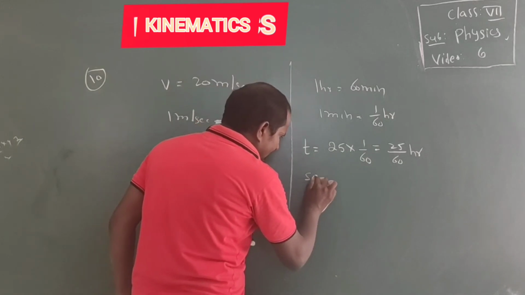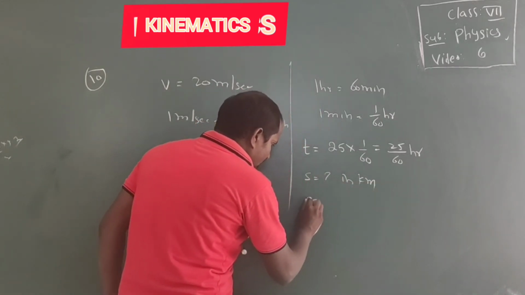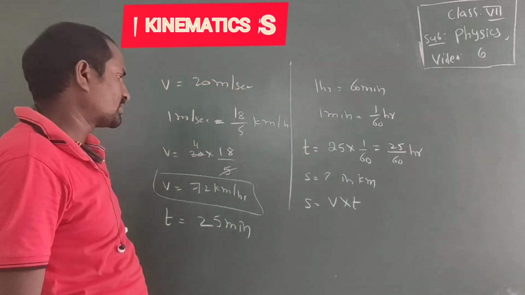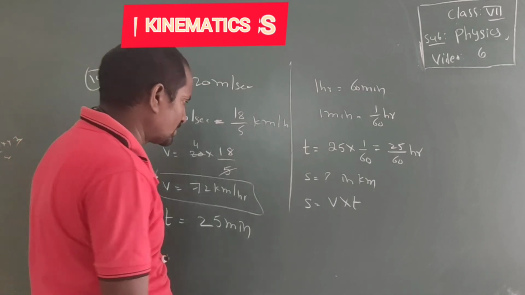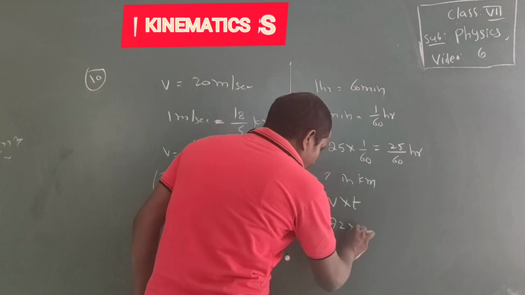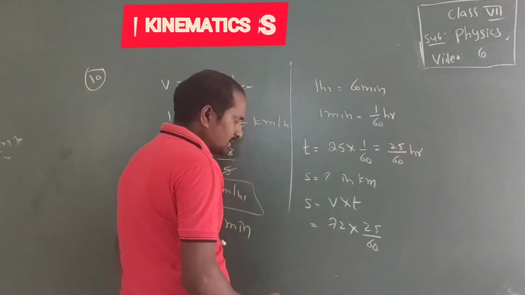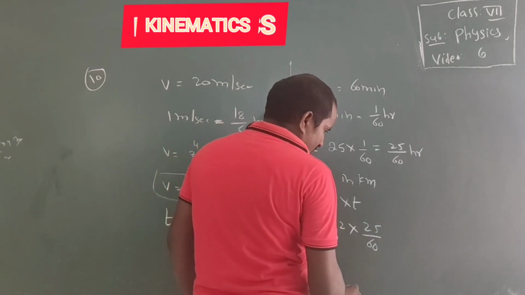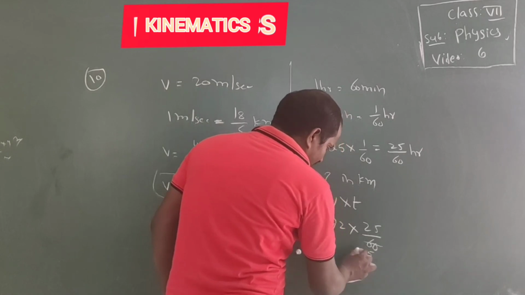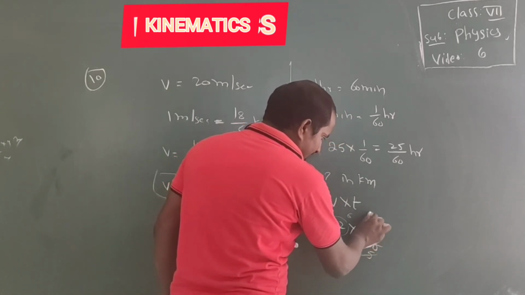Our aim is to find S equal to how much in kilometers. So you know that S equal to V into t. Distance equal to speed into time. What is the speed here? 72 into 25 by 60. 12 5s, 12 6s, 5 1s here, 5 5s.